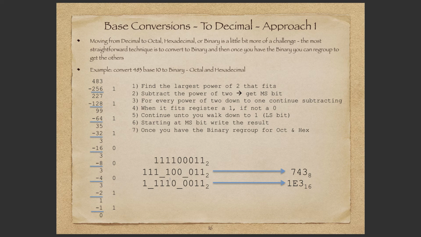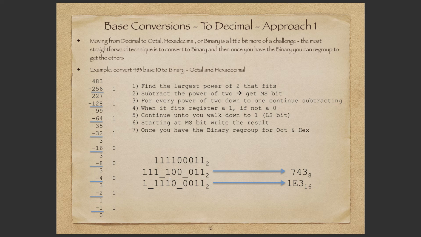So I had 256, so that means I can take 256 out. I have 227 left over. I have 128, so I put the 1. I can now subtract that, and I get 99. And as I continue down, let's say after I found a 32, my leftover is 3.